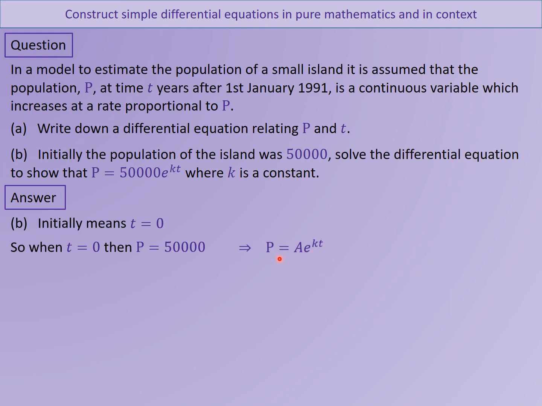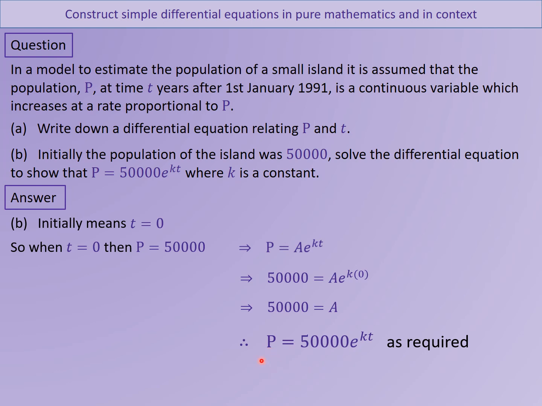So what does that mean? P equals A, because e to the kt, with the t value of 0 in there, is going to equal 1. So I've got my A value straight away of 50,000. And lo and behold, I can put that back in and get my general solution.